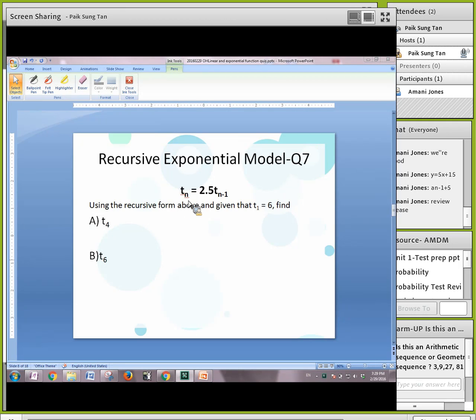Okay, so recursive, to calculate the next term, it's the same way. Tn is the current term, except instead of using a, they're just using t. They can use anything actually, t or a or b, but basically it's the same concept. n is the current term, and you see Tn minus 1, meaning it's the previous term, the n minus 1 term.